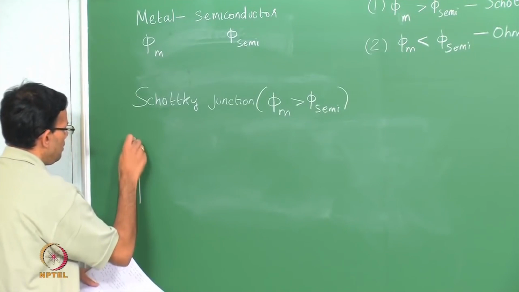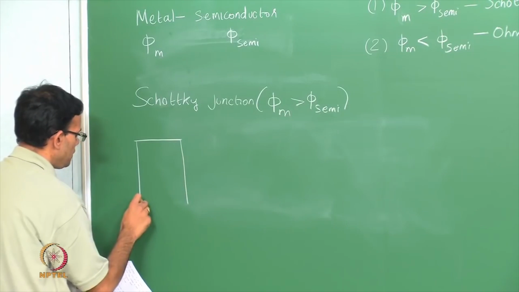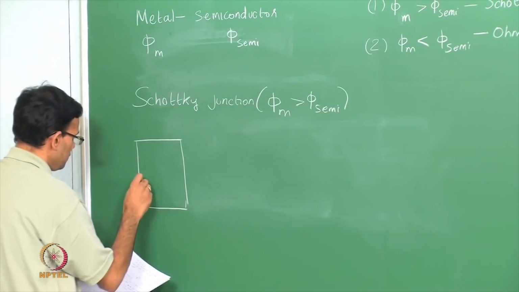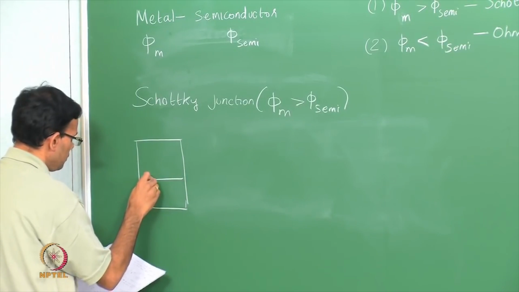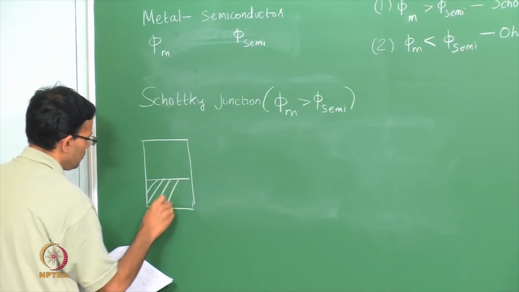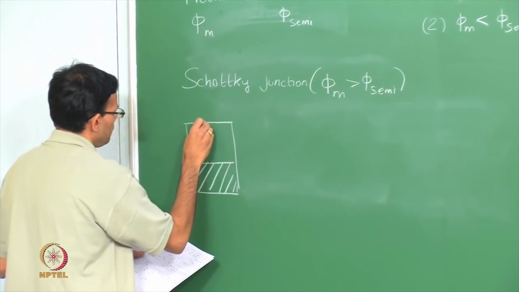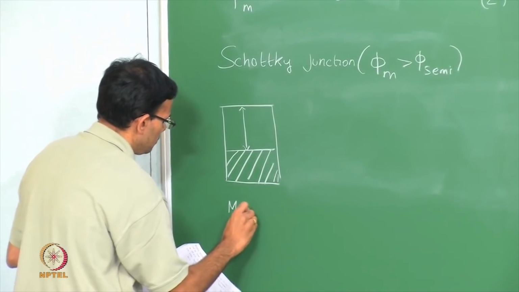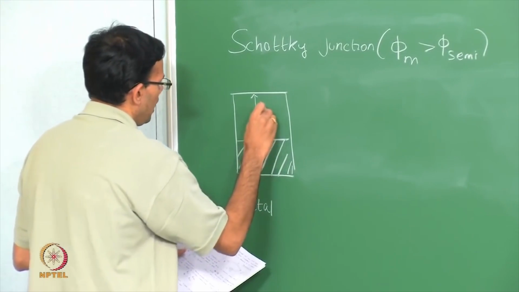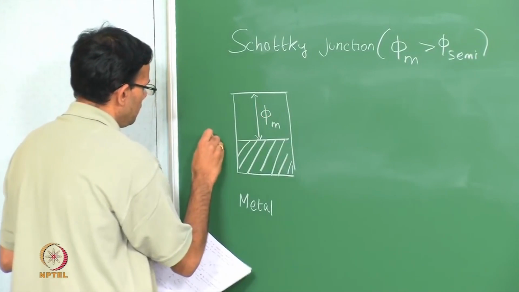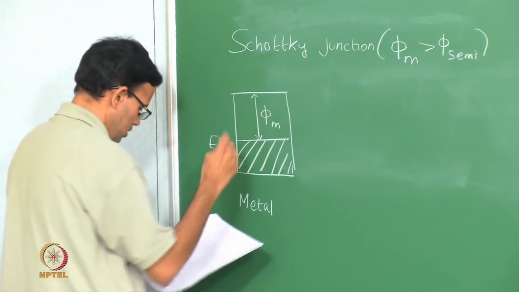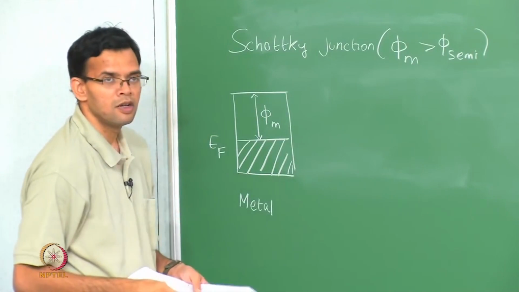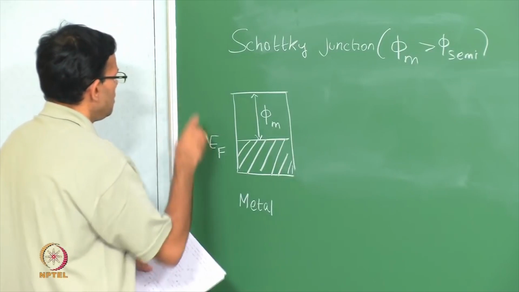I have the metal on my left, so this is my metal. It has a work function of phi m. This is the Fermi energy. The top of the metal is your vacuum level.